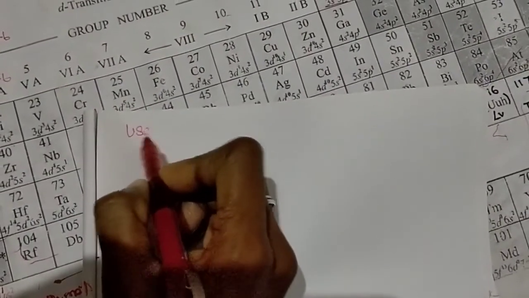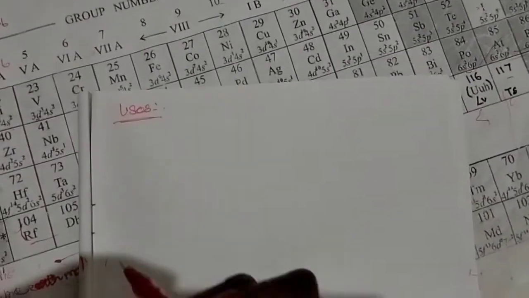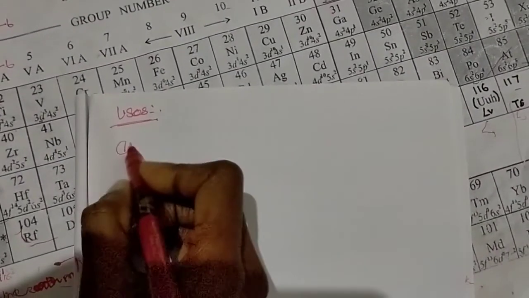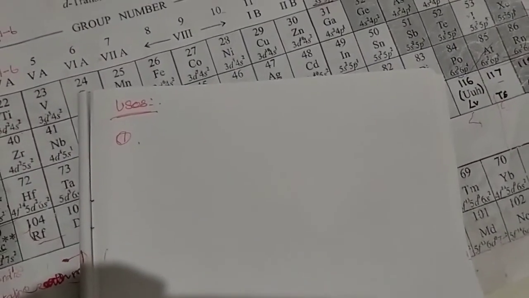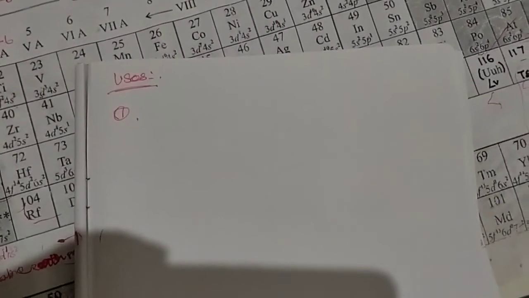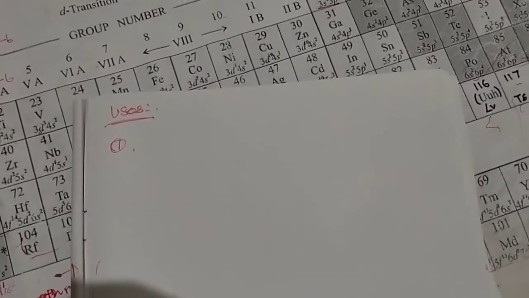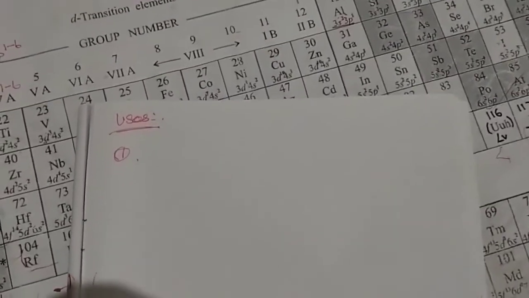Okay, so we have some uses of sodium chloride. First use: sodium chloride, the common salt or table salt, is used for domestic purposes like cooking.